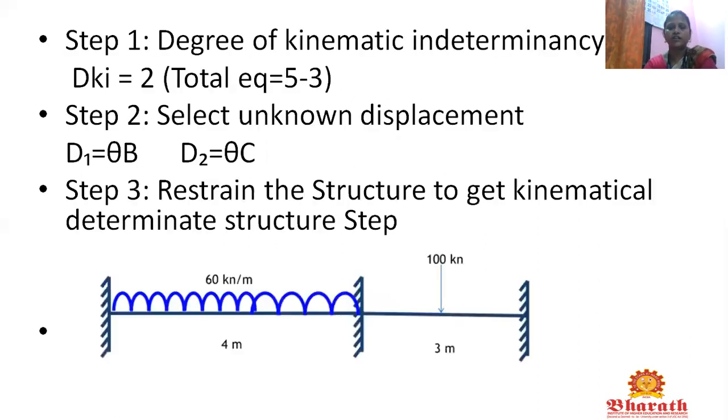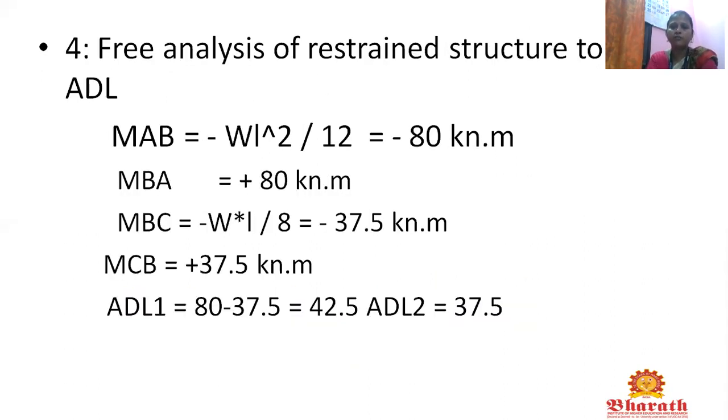So coming to the diagram, we have to calculate MAB and MBA. For MAB, what is the load given in your problem? UDL of 60 kilonewton. For fixed end moments, the formula for UDL is WL square by 12.